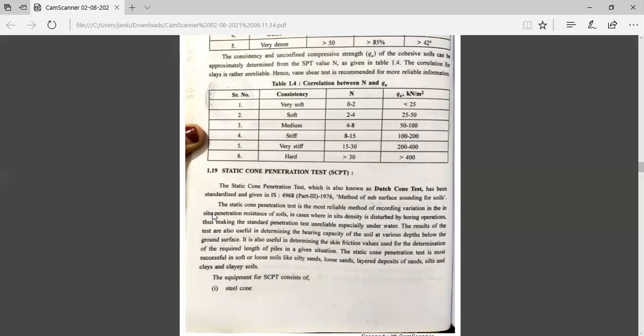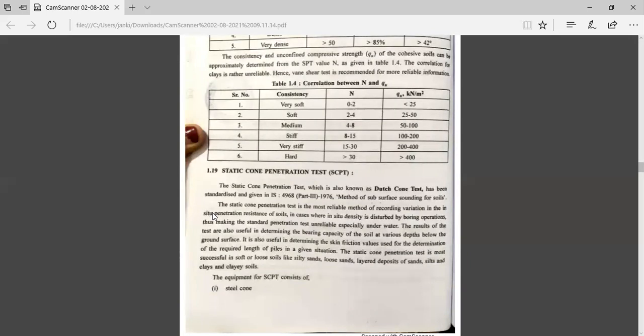Next is the static cone penetration test, known as SCPT, right? It is also known as the Dutch cone test, and has been standardized and given in the IS code. The IS code name is Method of Subsurface Sounding for Soils.